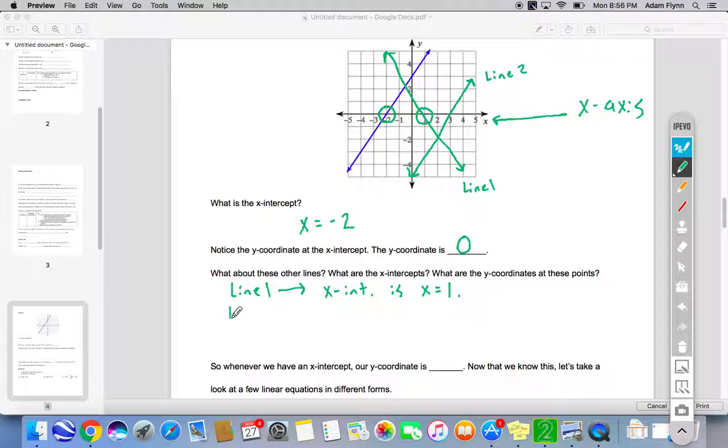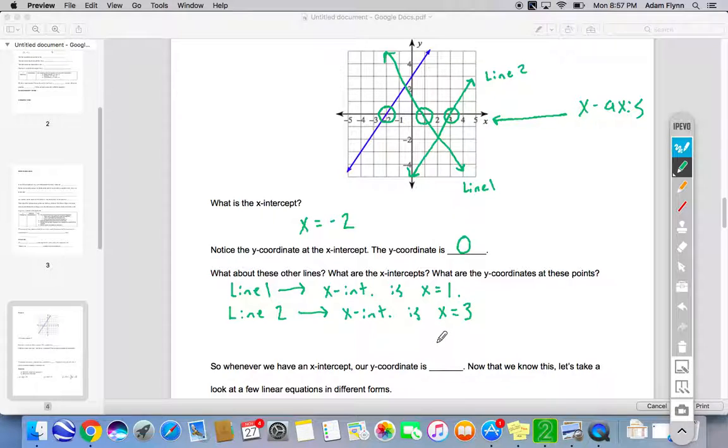And then we have line 2, where the x-intercept is right at this point, which would be 3 on the x-axis.